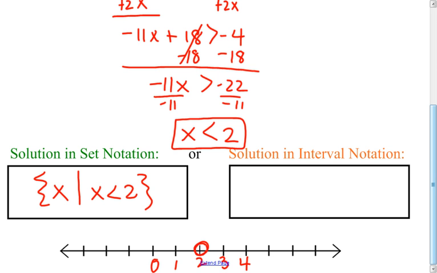Again, that only works as long as your x values are on your left-hand side. Mine are. The other way to think about it is you want all the numbers that are smaller than 2. The numbers that are smaller than 2 are to the left of 2. So, from left to right, I'm shading all the way from negative infinity up to 2, not including exactly 2, so I have a parentheses.